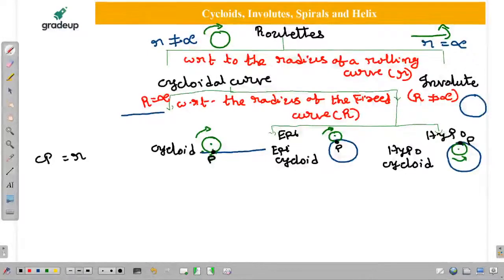Is it clear? Sir, okay, if the point is on the circumference of the circle, you are saying it as cycloids. So I am going to write the word as cycloids. Cycloids means simply, if it rolls on a straight line, it is called cycloid. If it rolls outside, it is epicycloid. If it rolls inside, it is called hypocycloid.